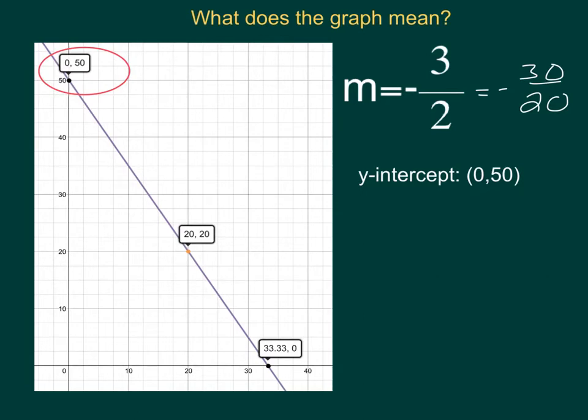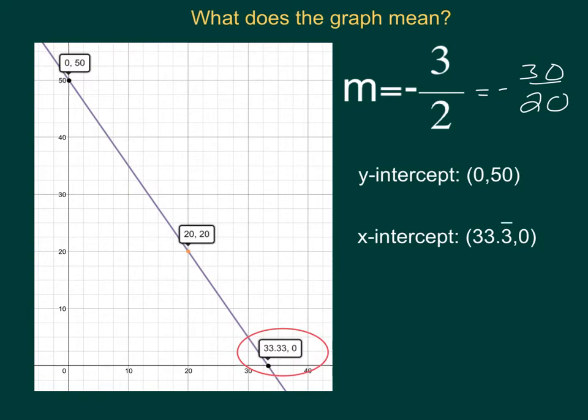First, we have the y-intercept, which is 50. That corresponds to my starting point, the $50 that I have on the Dunkin' Donuts gift card before I start buying iced teas. All right, what else is on this graph? The x-intercept is 33.3. It's actually 33.3 repeating, 33 and a third.